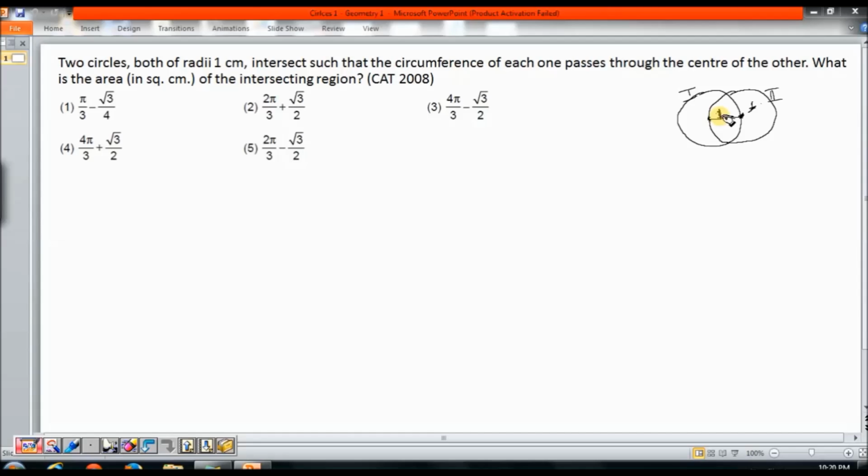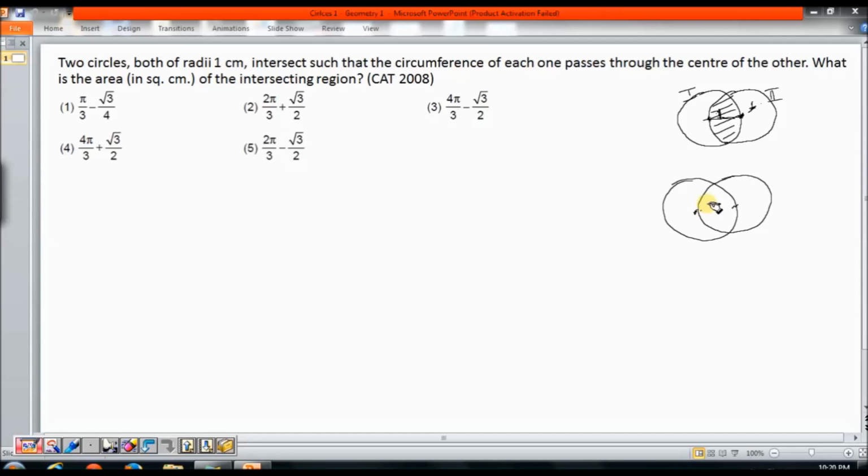Now the question wants us to find the area of this region. Area of this region. This is what the question wants us to find out. So let me redraw the diagram to see how we can solve this question. Say this is one center, this is another center.